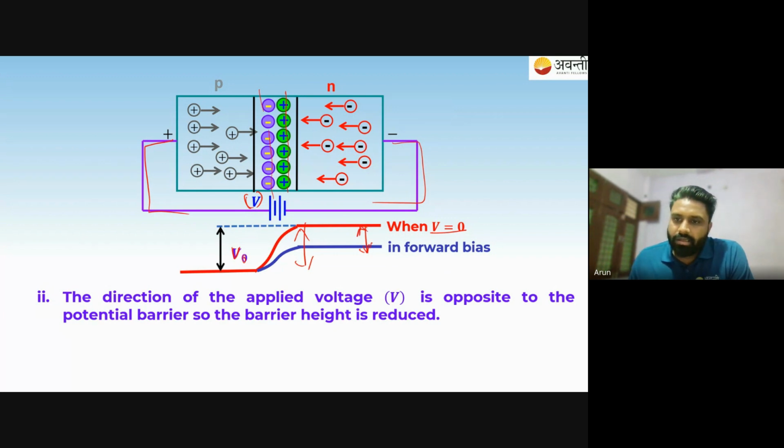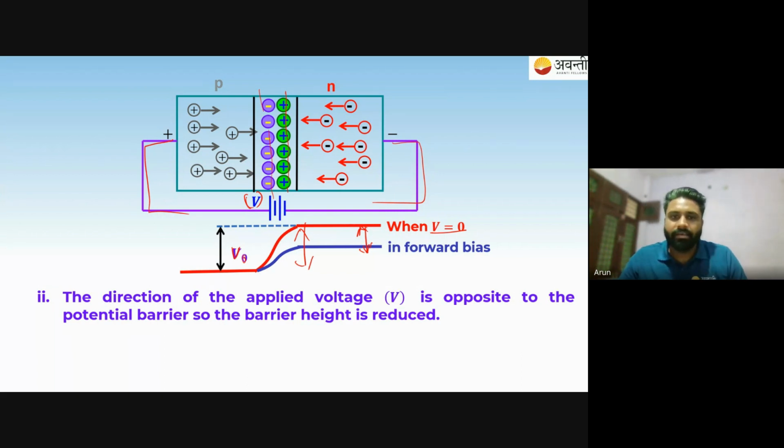So initially we have a value of potential barrier, but because of this forward biasing, the depletion width decreases, so the potential barrier is also decreasing.